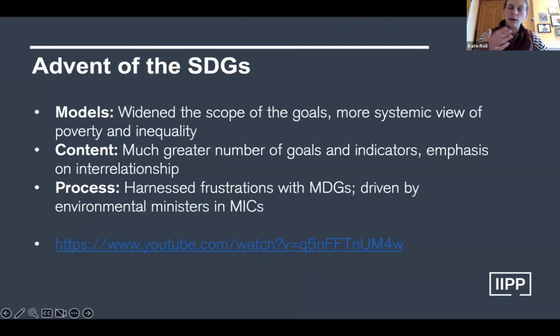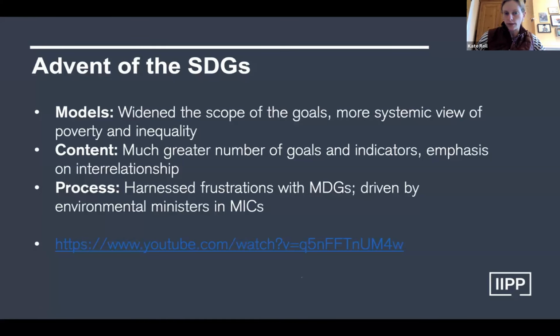So with the SDGs, we see some evolution from the MDGs. We see a widened scope of the goals, so we more than double the number. We have a more systemic and institutional view of poverty and inequality. They're interested in institutions, rule of law, peace and security, all these things that weren't included in the MDGs.